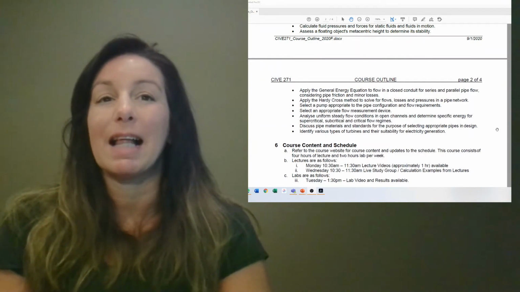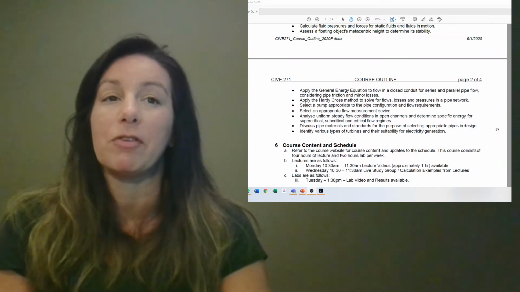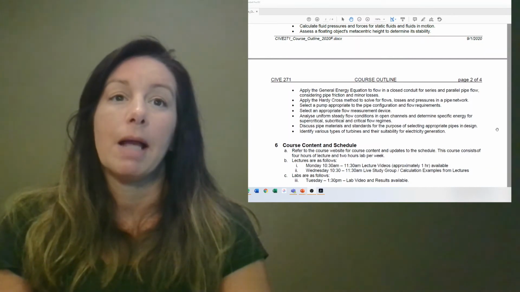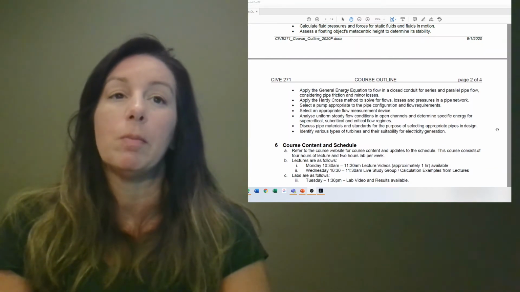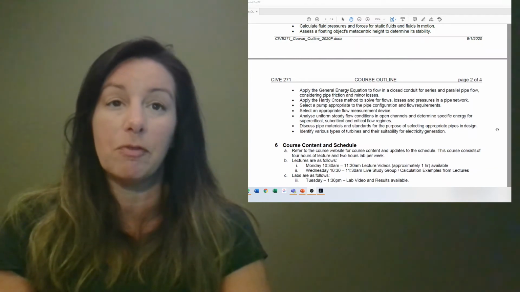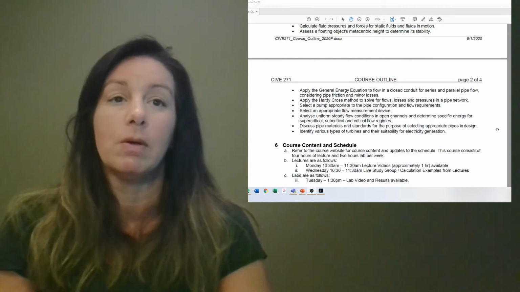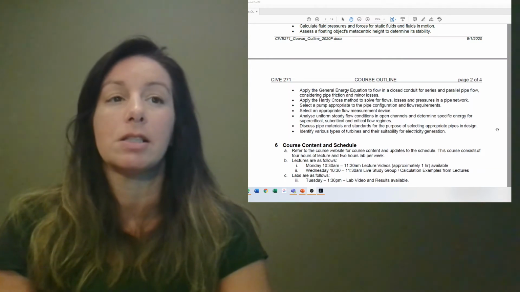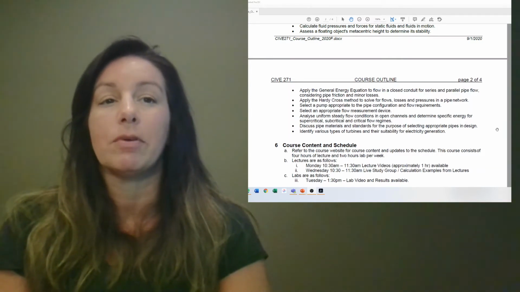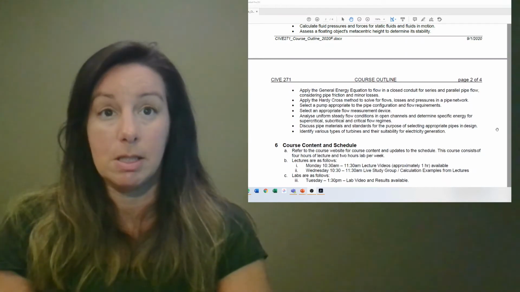You're going to be able to select pipes or pumps appropriate for different pipe configurations and flow requirements. You'll be able to select appropriate flow measurement devices, analyze uniform steady flow conditions for open channels, and determine specific energy for supercritical, subcritical, and critical flow regimes.